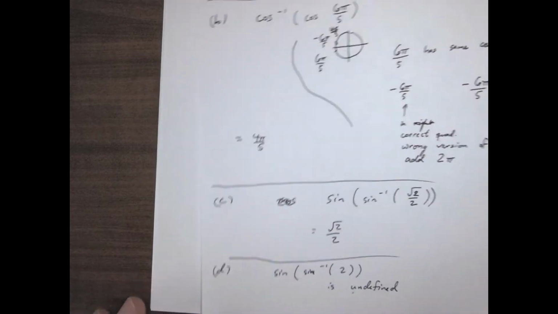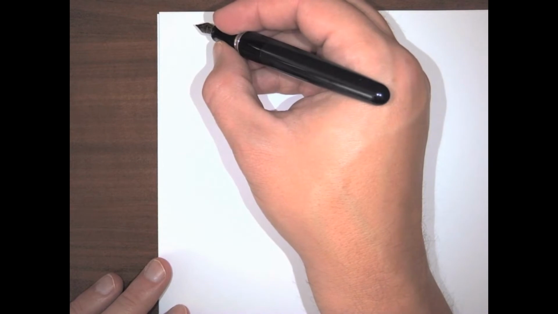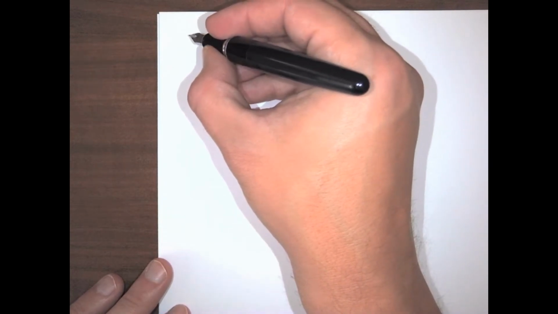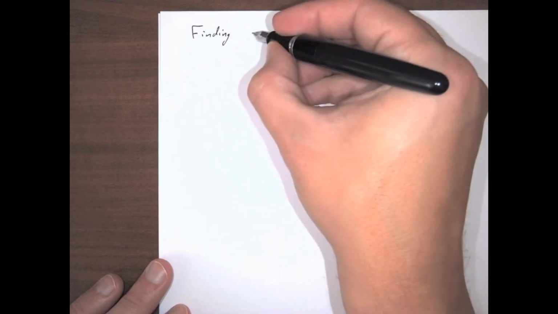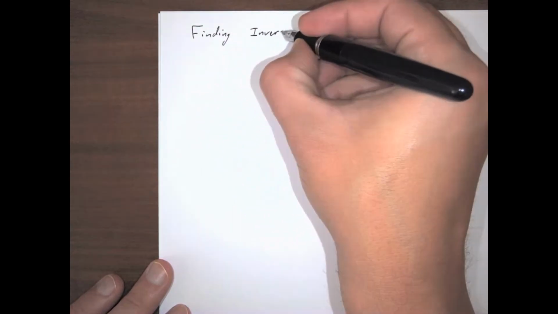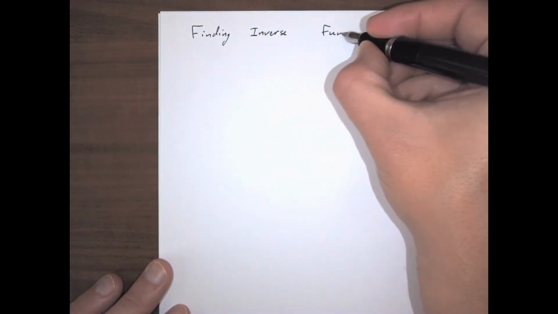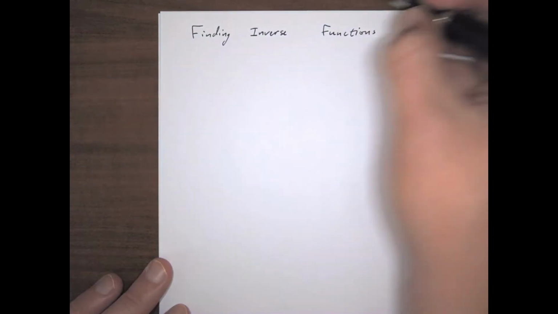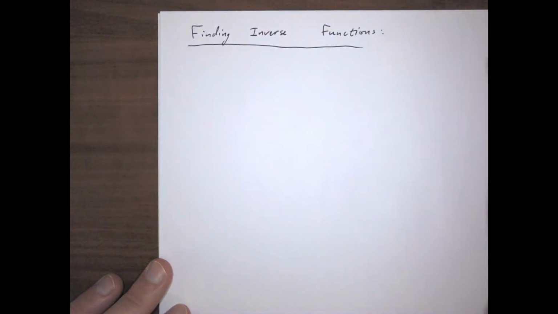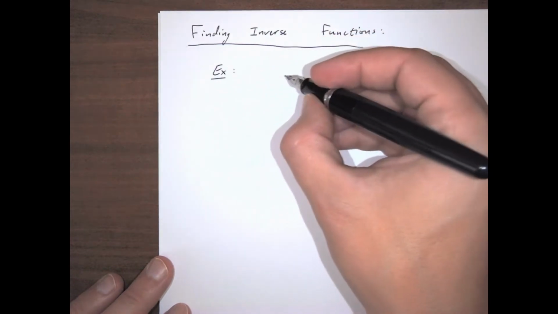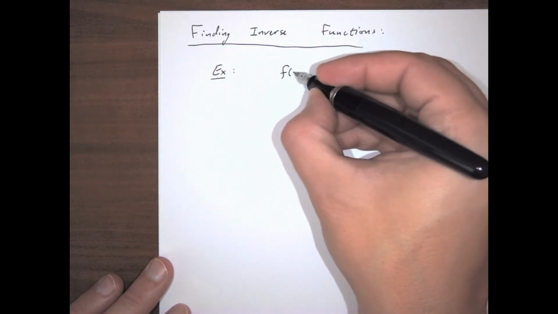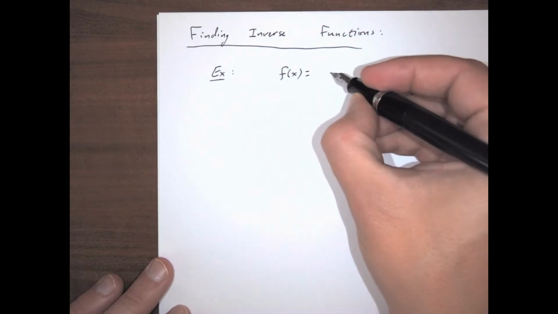Okay, now the last topic of 6.1 is to find inverse functions for more general trigonometric functions. Finding inverses. So, for example, maybe what we have is something like f of x equals 2 sine x plus 5.